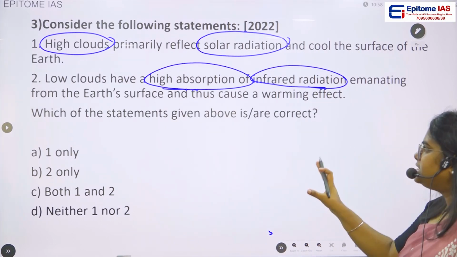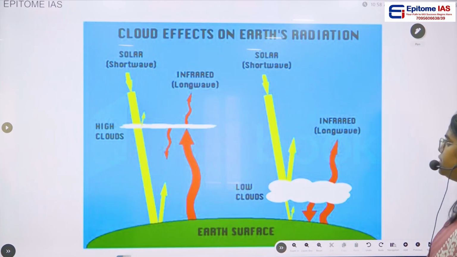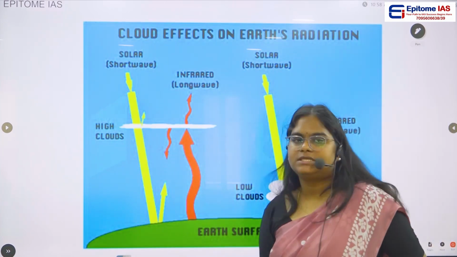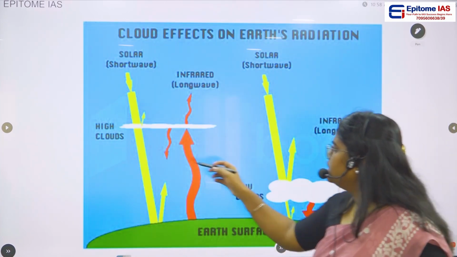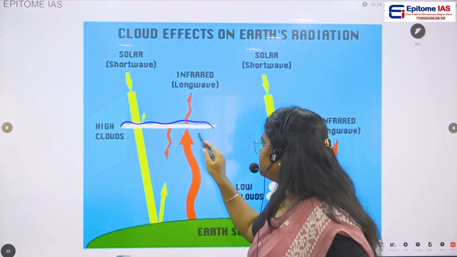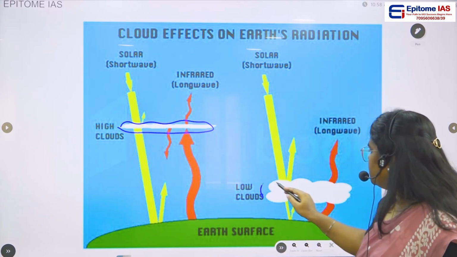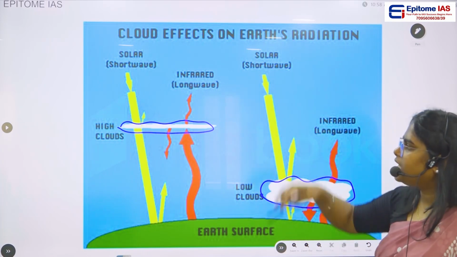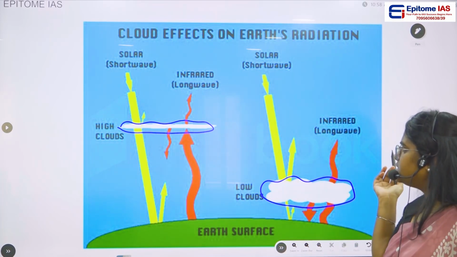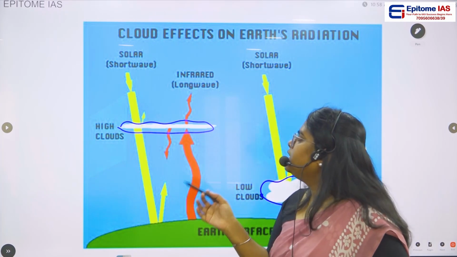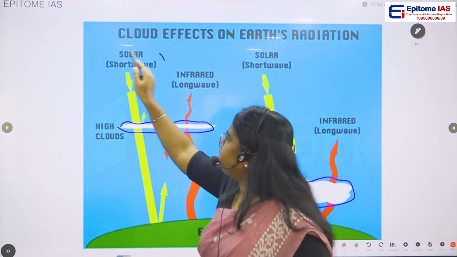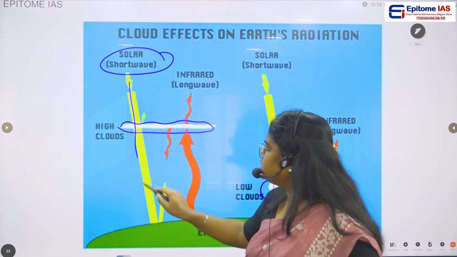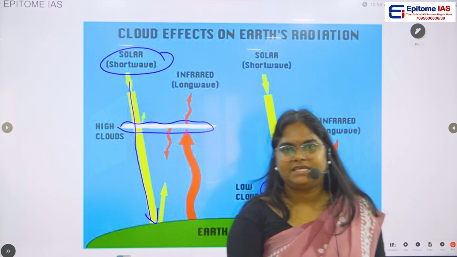So before answering this question, let us have a look at the things related to the high cloud and the low cloud. This is the high cloud you can see here, and this is a low cloud. High clouds are present in the higher atmosphere and the low clouds are present in the lower atmosphere. Simple. So first, in case of incoming solar radiation, these high clouds are very thin.